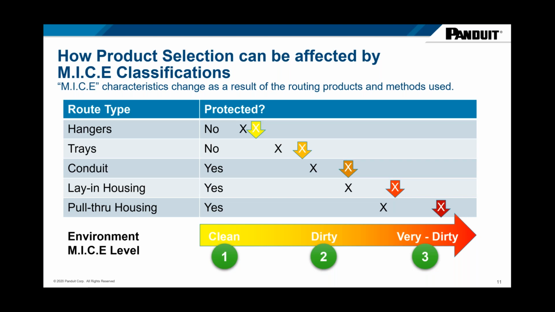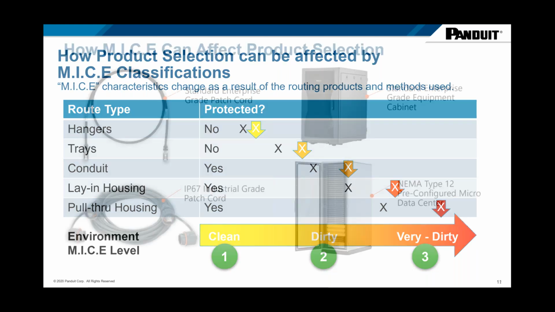And then as we get right to where all the action's happening, we may have sealed lay-in housings, or we may have pull-through housings that totally seal that enclosure and protect the cable and protect what's inside of that enclosure. So just some examples of how M.I.C.E is already applied today, right? And you can use that standard cable and you can use that pathway to kind of protect the cable.